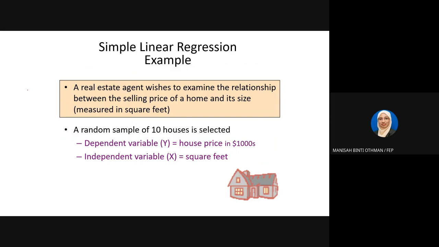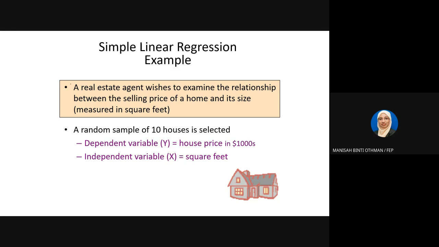Want to identify the relationship. The size is measured in square feet. They collect a random sample of only 10 houses. They want to estimate house price based from its size.